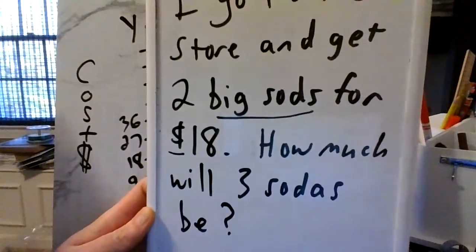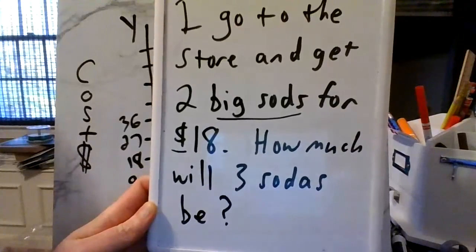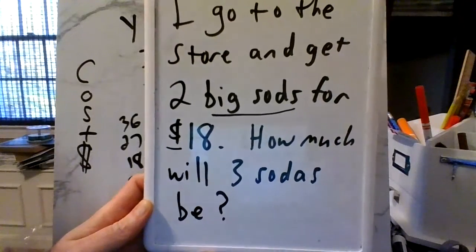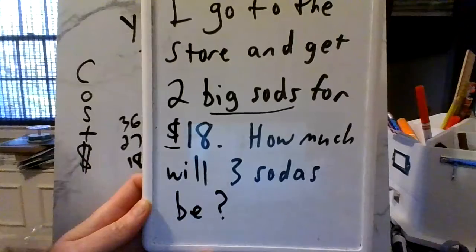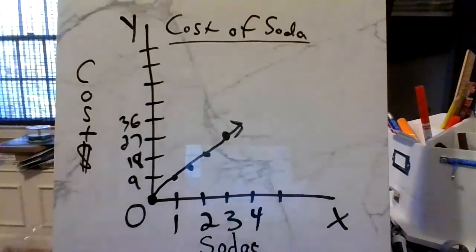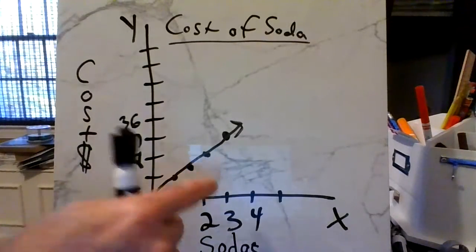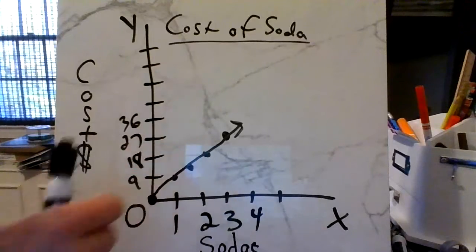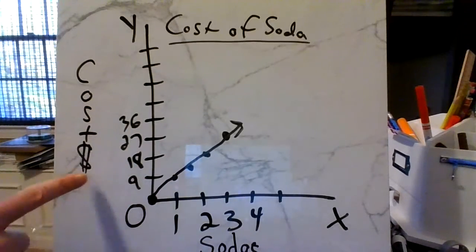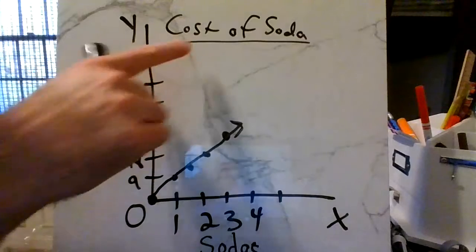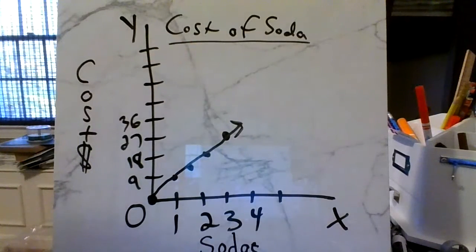So I go to the store and get 2 big sodas for $18. How much will 3 sodas be? Something like that would be awesome. And then you could say it'll be $27 because 3 times 9 is 27. But remember, labels and a title. That's part of your points on your rubric for your graph.